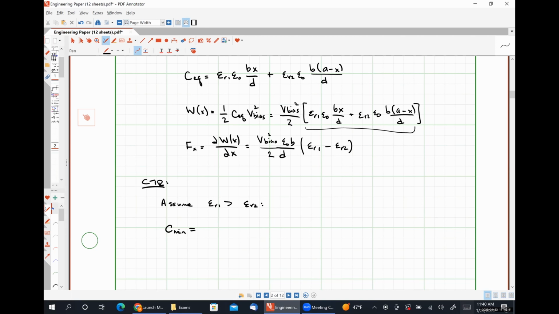So I would argue that the minimum capacitance of this system when epsilon R2 is less than epsilon R1 occurs when effectively all of the area between the plates is occupied by the second material, or epsilon R2, epsilon naught, A, B over D.